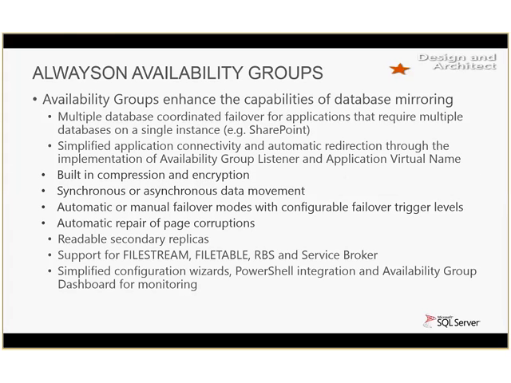Availability groups enhance database mirroring. We get the high availability features of database mirroring, where we've got mirrors of that database. It's easier to set up and configure some parts of it. It gives us the readable secondaries, as I mentioned. Support for FILESTREAM, FileTable, remote blob storage, and Service Broker.